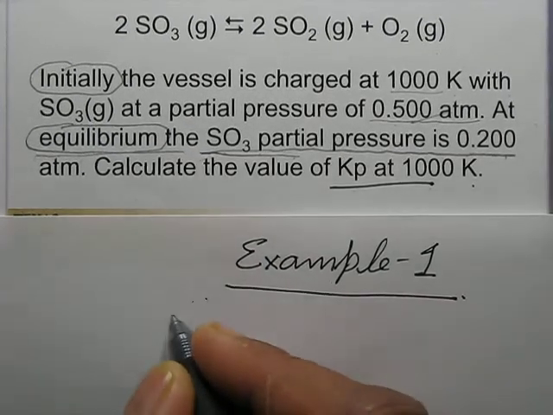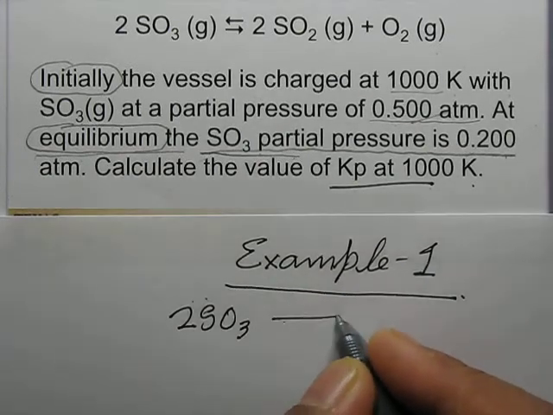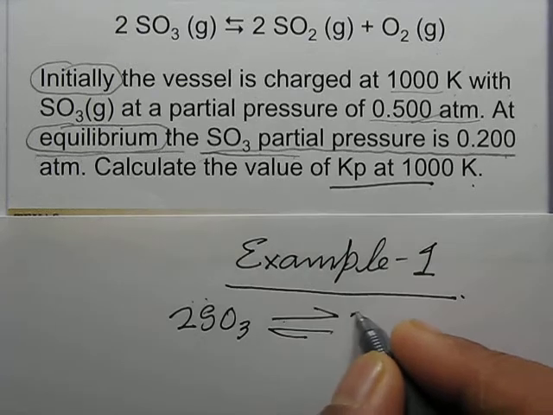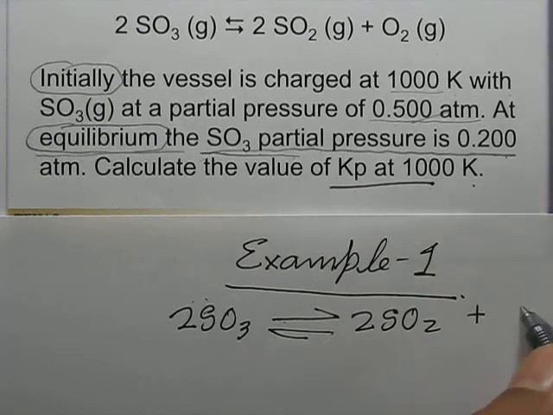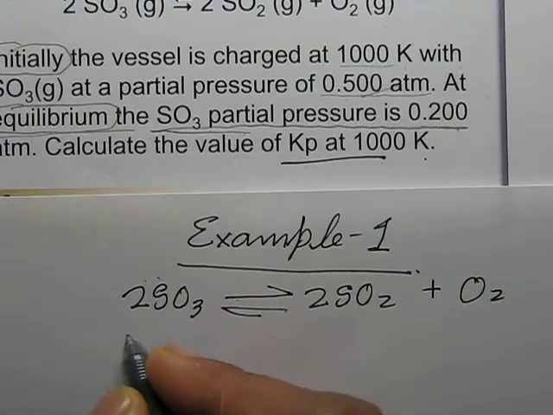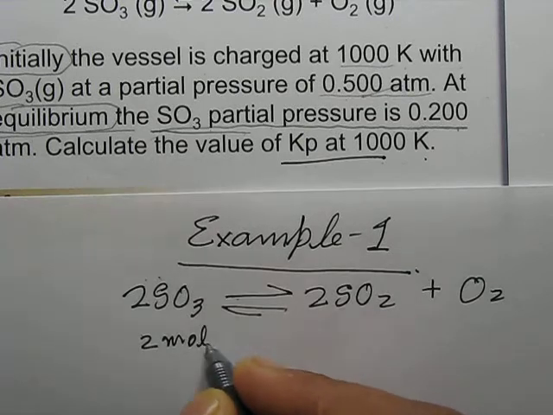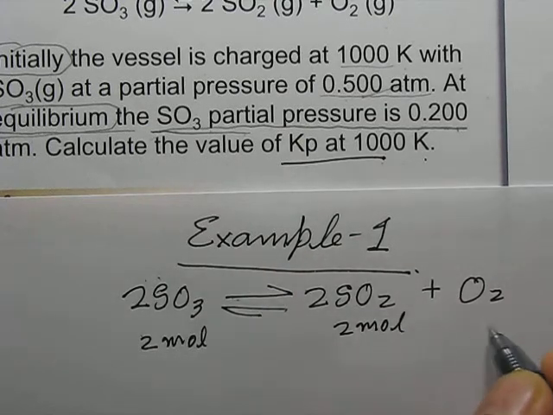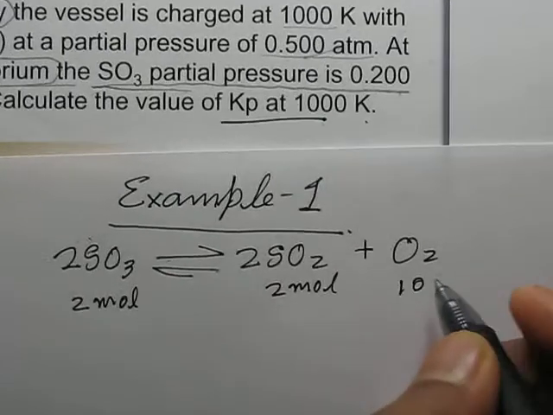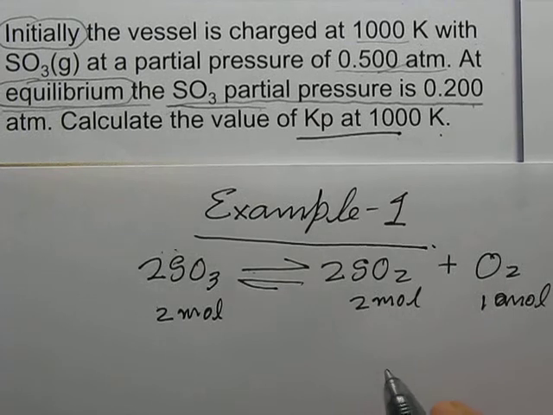Here 2SO3 gas is decomposing into 2SO2 plus oxygen. So you can see the stoichiometry is 2 moles of SO3, 2 moles of SO2, and 1 mole of oxygen gas forming. This is the stoichiometry of this reaction.